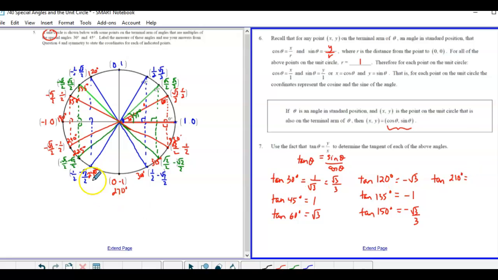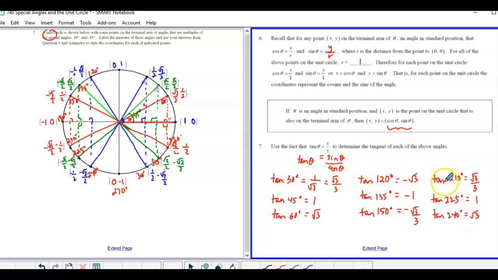Both sine and cosine are negative there, so it's exactly the same as tan of 30. Then tan of 225 is positive, same as tan of 45. And tan of 240 is the same as well.